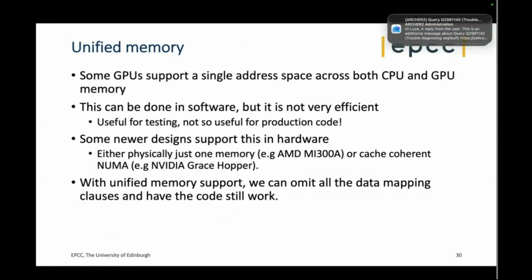This will work on most GPUs, but it will be really slow, so it's not usually something you want to do, unless you have a very fast interconnect between the memory on the CPU and the GPU, like in the Grace Hopper, or where both CPU and GPU access the same memory chip, which is what happens in the MI300A from AMD.